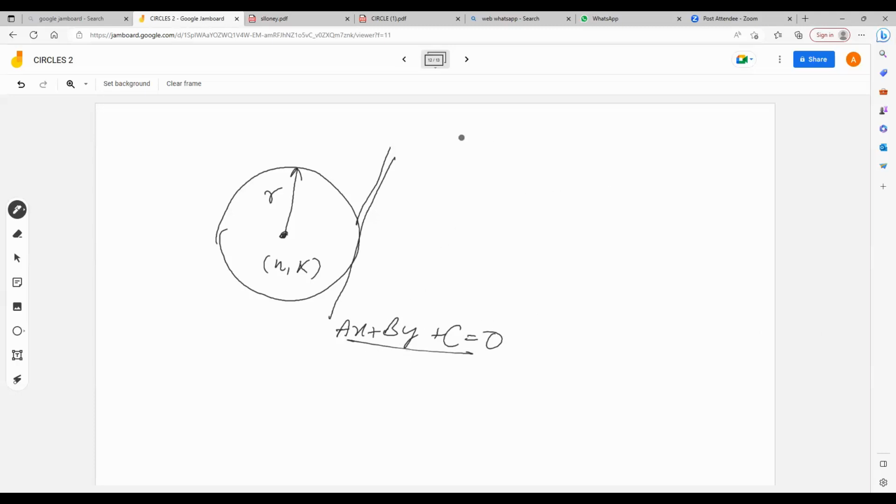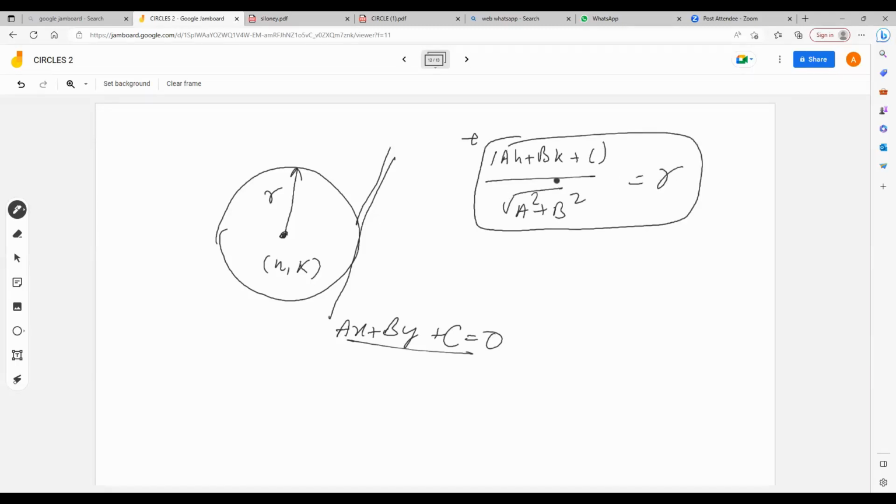So let us see. If this line is tangent to the circle, then we know that its distance from (h, k) should be equal to r. That is |ah plus bk plus c|. This is the condition of tangency. That is, (ah plus bk plus c) whole squared equals r squared into (a squared plus b squared).